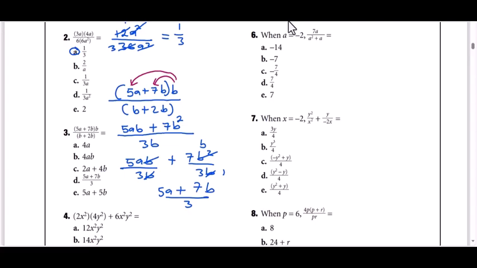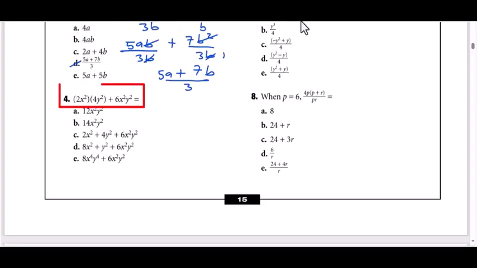And our option for this is (5a plus 7b) over 3, that's D. Now another way we would have done this is from this point, you didn't even need to split. You just have (5a plus 7b) in bracket, b all over 3b. All you need to do was just cancel out the b's, and you're left with (5a plus 7b) over 3, and you are done. So that way you can approach this question.